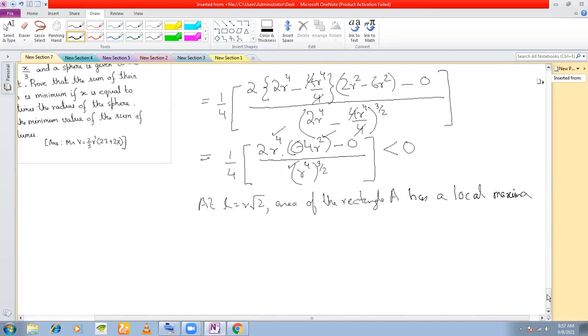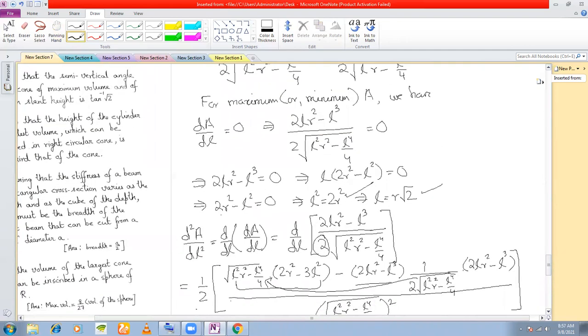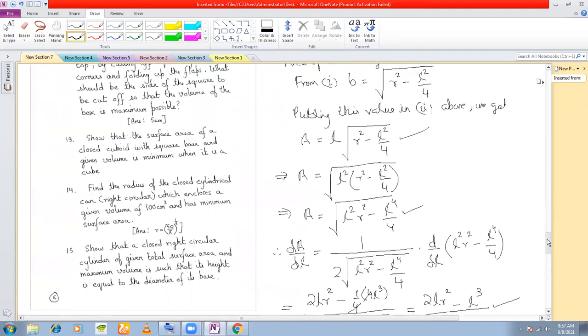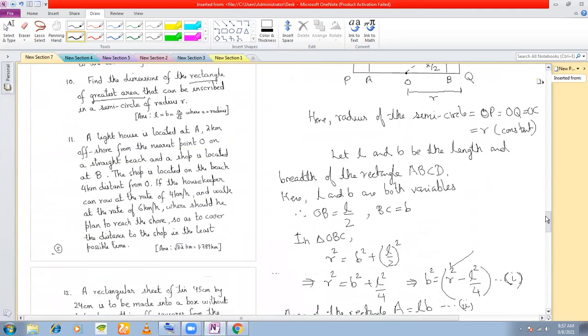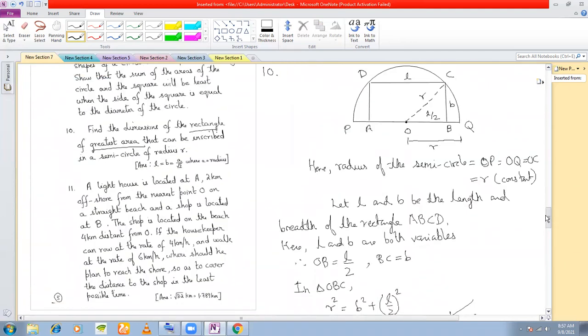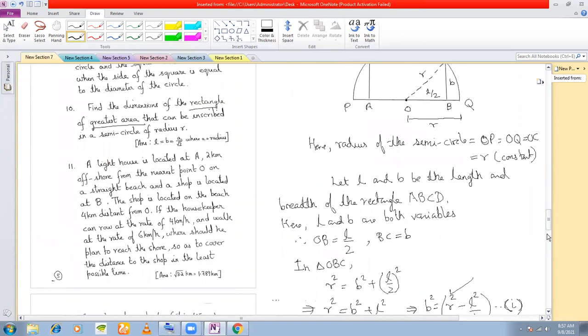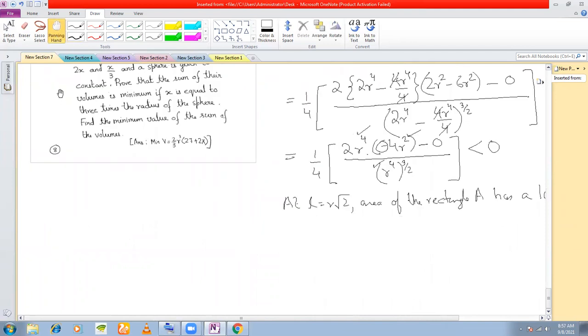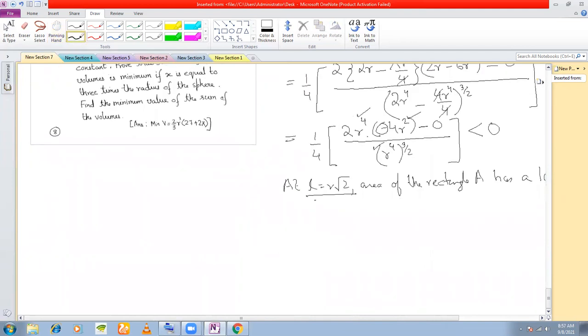And what do you need to show here? If you see, read back the question. You will see you have to find the dimensions of the rectangle, right? So length you have got here. What is the length equal to? Length is equal to R root 2.